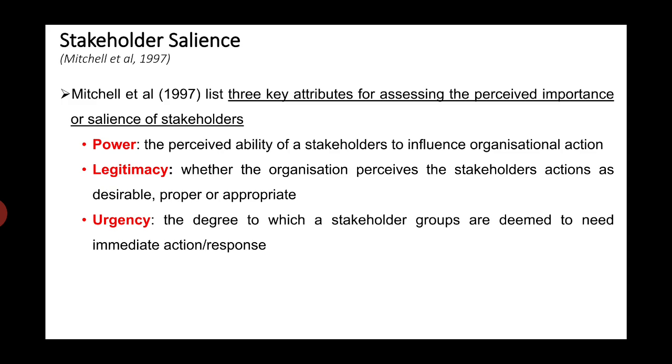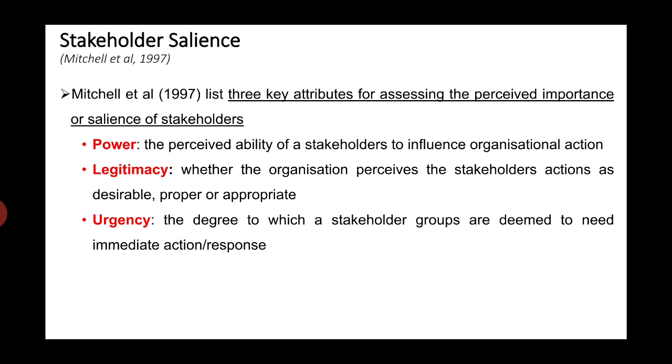Number 1, power. Do stakeholders have power to influence the organization's action? Are they strong enough to change any action in the organization as they want? So this is the idea of power.